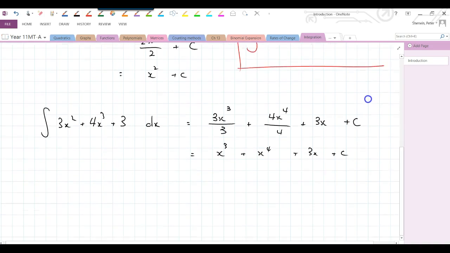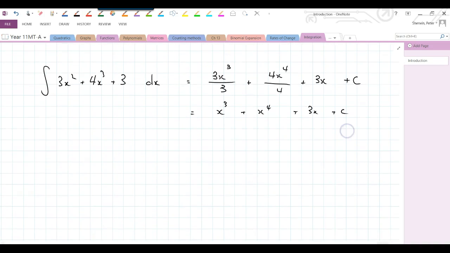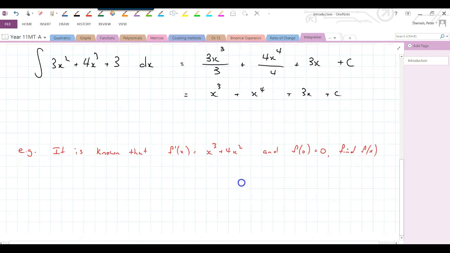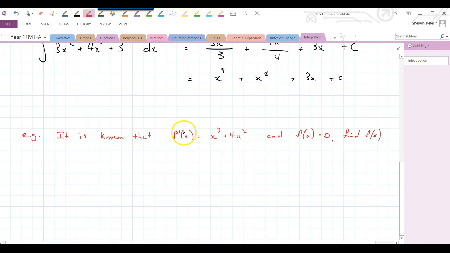Now, we've got an example here. It is known that f dash x, which is the derivative function, is equal to this, and this bit here is going to help us find c.